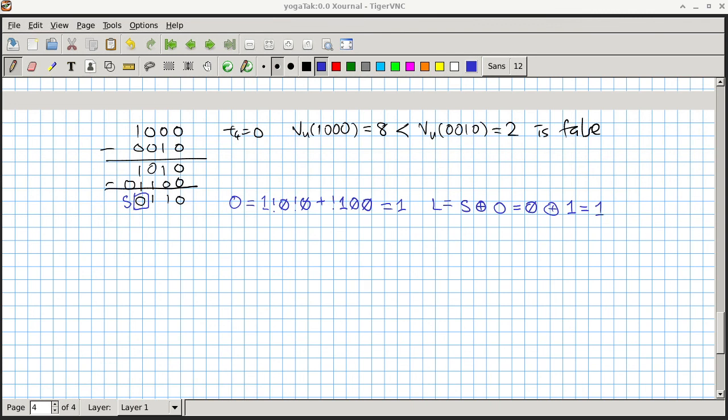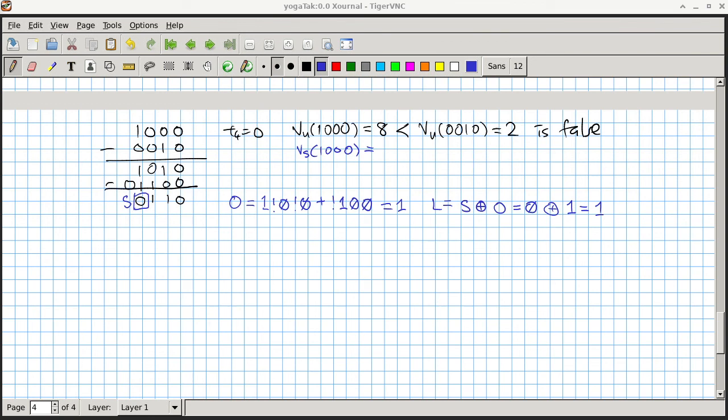So what that is telling you, if what I stated earlier is true, is that the signed integer represented by 1000 is less than the signed integer represented by 0010, right? If everything works out. So we want to double check. Now we look at VS of 1000, which is what?